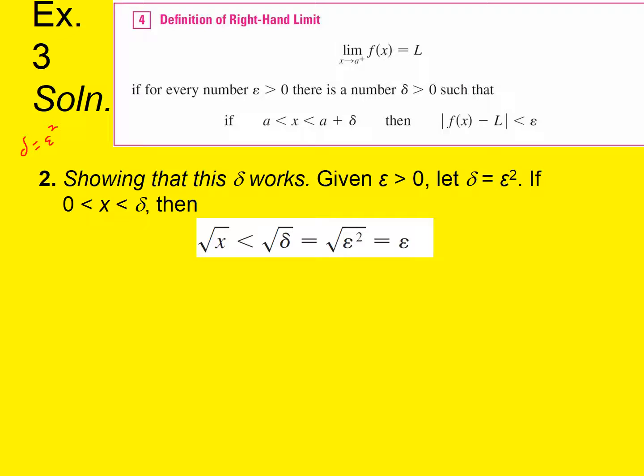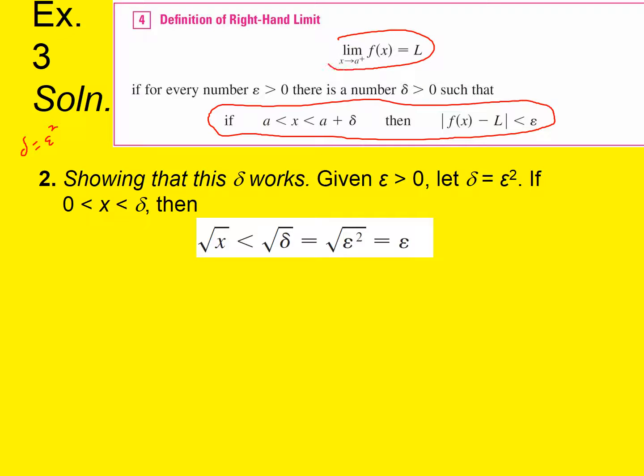Now we show that it works. We're going to be able to say all of that, and because we're going to be able to say all of that, we're going to be able to say this, and that's what we're required to do. So given epsilon positive, let delta equal epsilon squared.